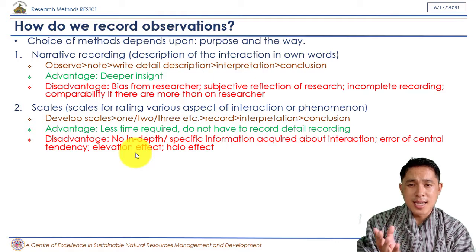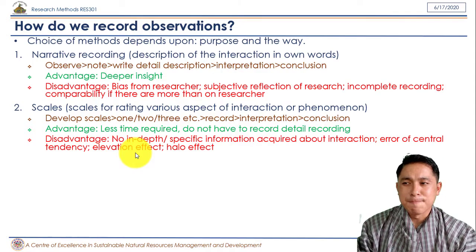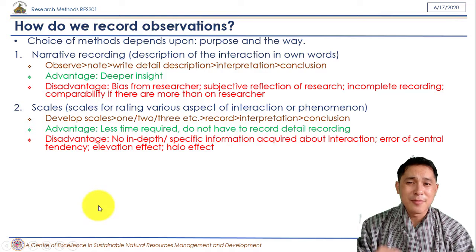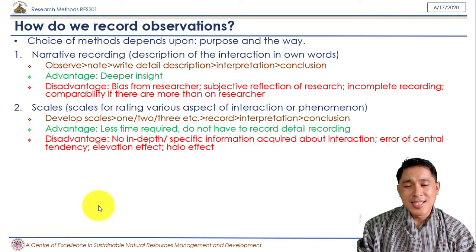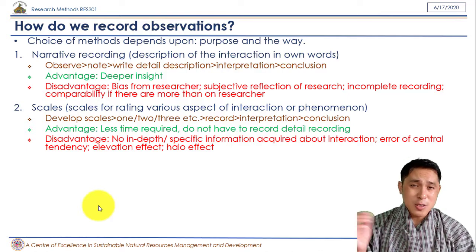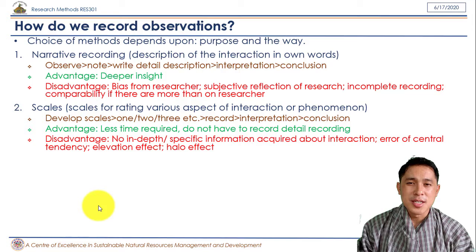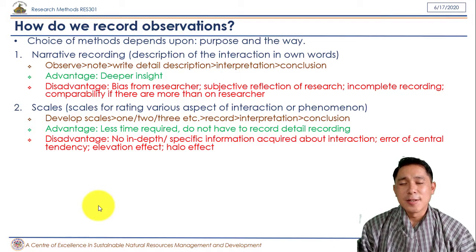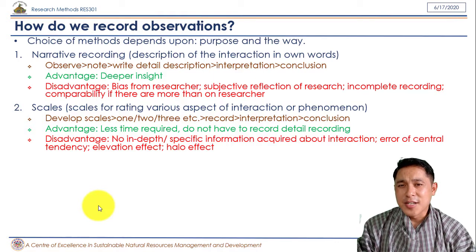If the earlier question has an answer of extreme tendency, then you may want to choose the answer of the next question again towards the extreme. If question number 4, for example, has the answer that you ticked as just strongly agree, and question number 5 is a related question to question number 4, you may want to again tick strongly agree. So it's affecting. This is known as the elevation effect.